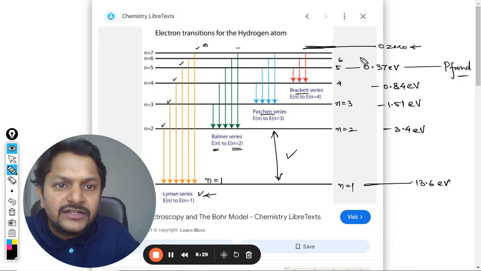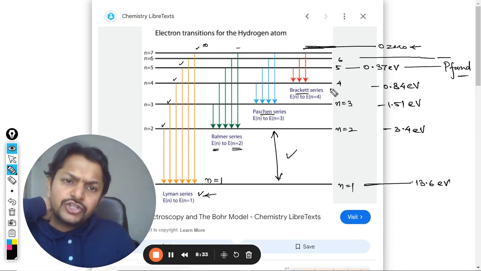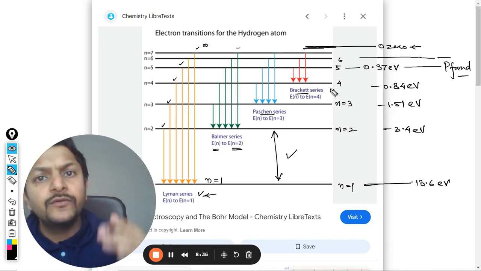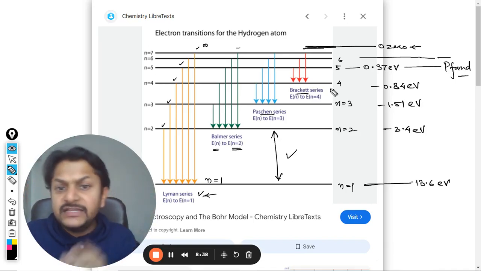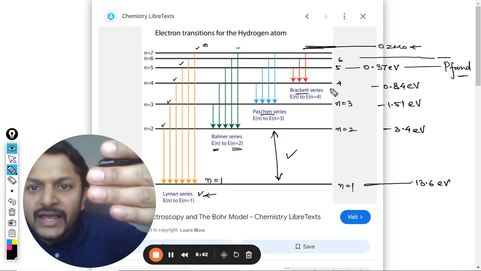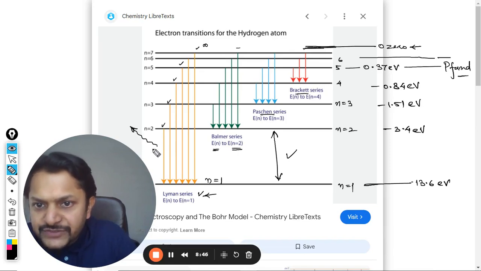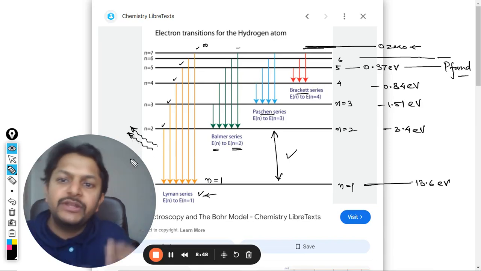And then there is another series in 6. I don't remember the name, so there is another name here. So these various names are given to all of these series. These are the transitions which the electron is making. The electron is jumping from a higher energy level to a lower energy level by emitting some energy. So here some energy is emitted.